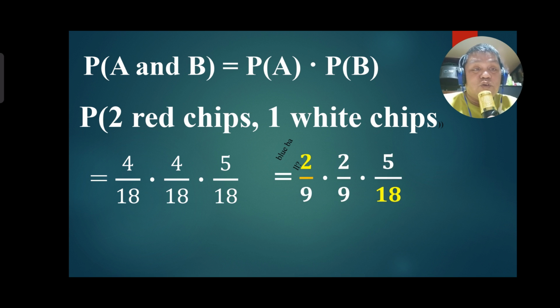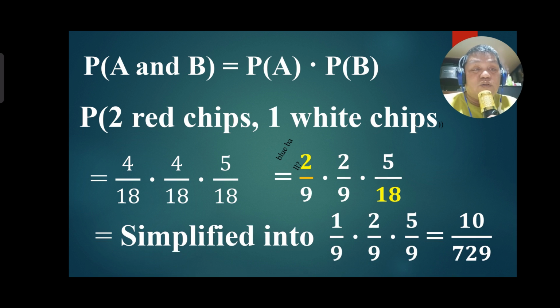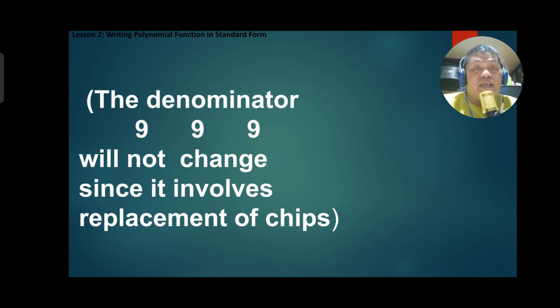So 4 over 18 times 4 over 18 will be equal to 2 over 9 times 2 over 9, then times 5 over 18, which gives 2 over 9 times 5 over 9 is equal to 10 over 729. The denominator will not change since it involves replacement of chips.